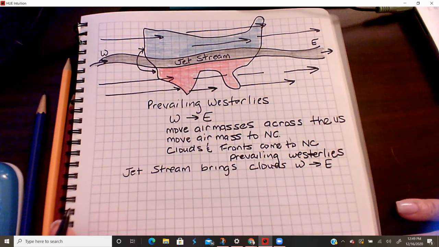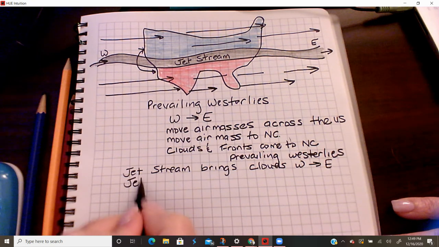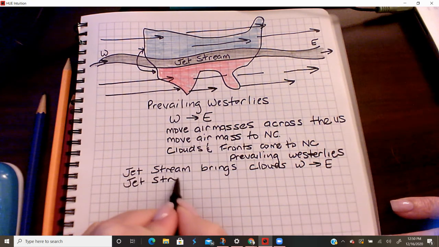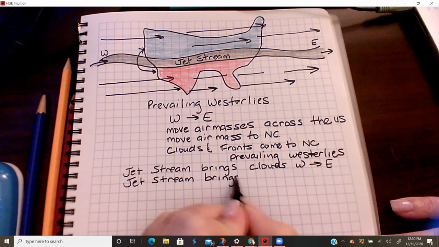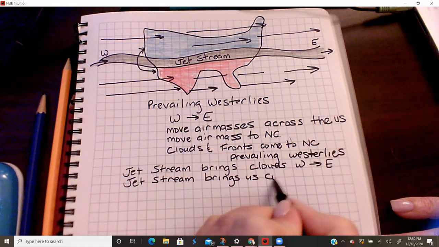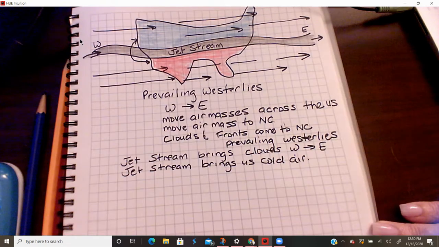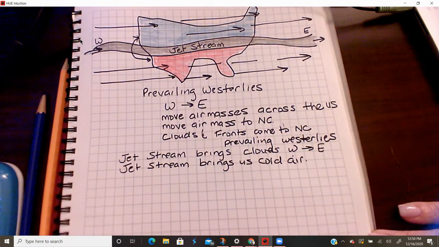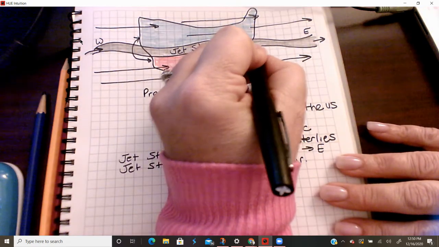And then also the jet stream can bring cold weather down to us. So the combination of both of those changes our weather and impacts our weather here in trusty old North Carolina.